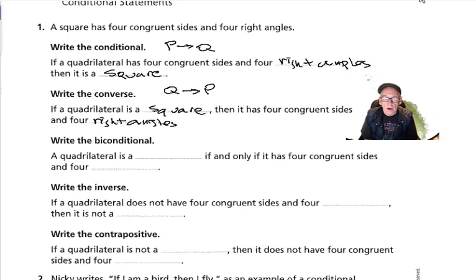Now if we want to write the biconditional, that's with the if and only if. And the notation of that is P double arrow Q. P if and only if Q. A quadrilateral is a square if and only if it has 4 congruent sides and 4 right angles.